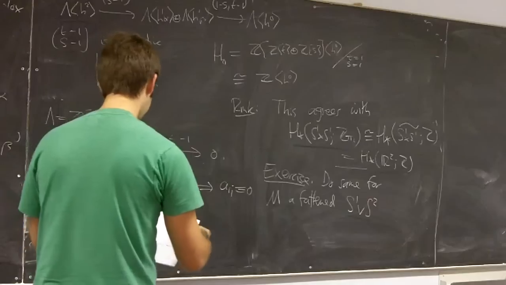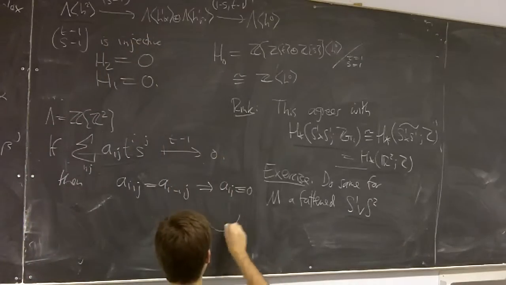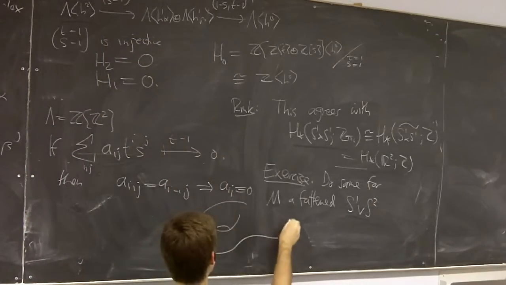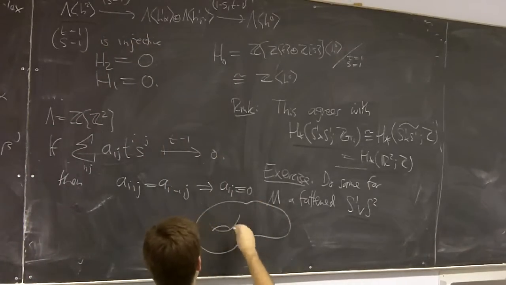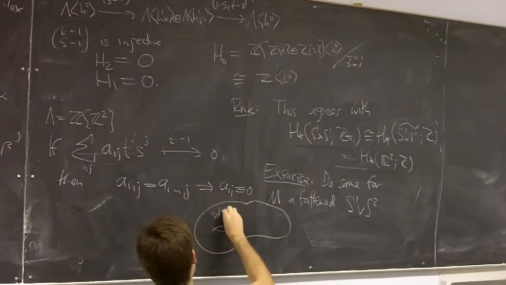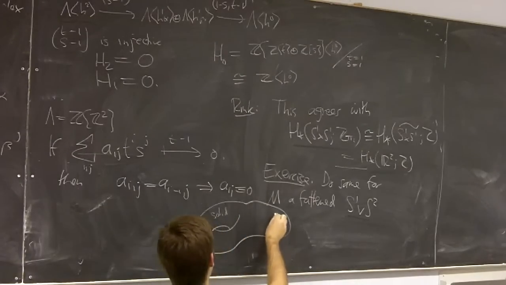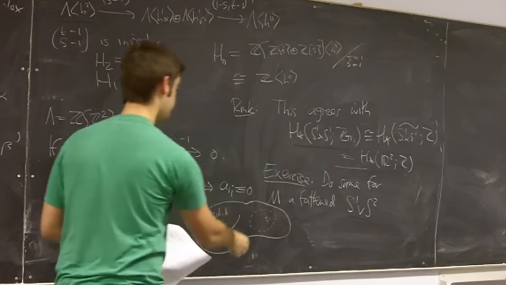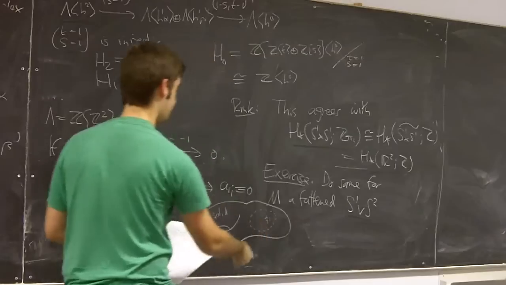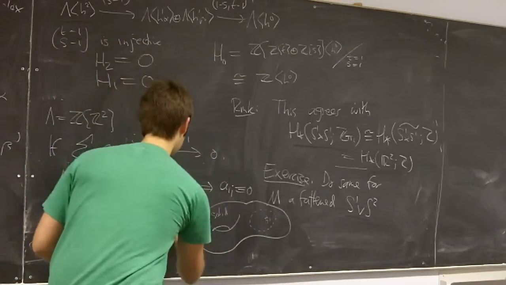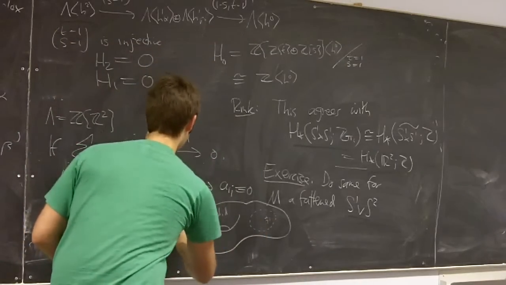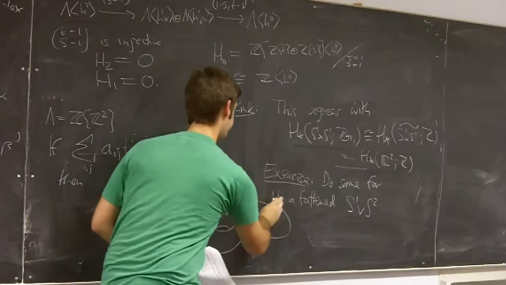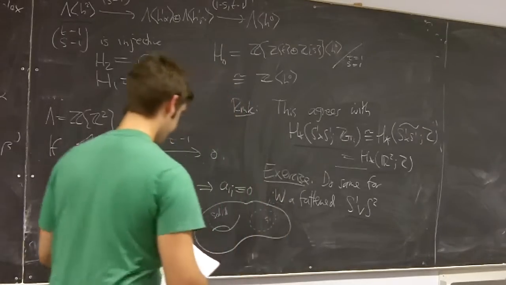So when I say fattened, it's precisely this picture. So here's the S1 fattened to a solid torus, and then there's this sphere, so there's a hollow, there's a ball scooped out from the inside, and there's the fattened S2 there. Or rather, that's W.